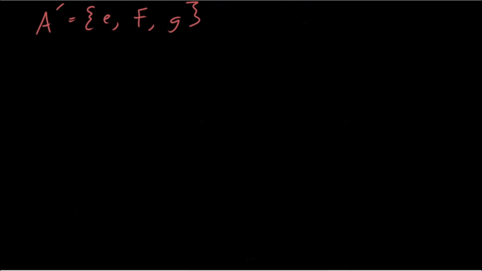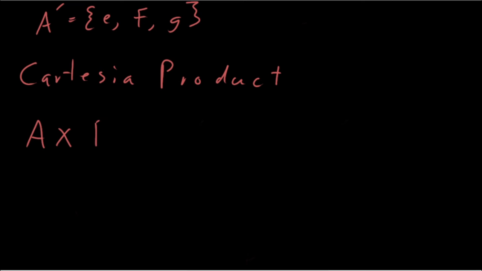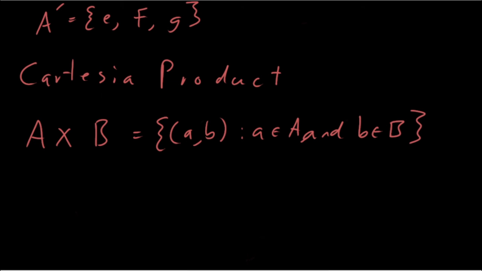Okay, last thing. Now we're going to talk about the Cartesian product. This is A cross B, where A and B are sets, which is equal to the set of ordered pairs (a, b) where a is in A and b is in B. Let's say that A is equal to {a, b} and B is equal to {1, 2, 3}.